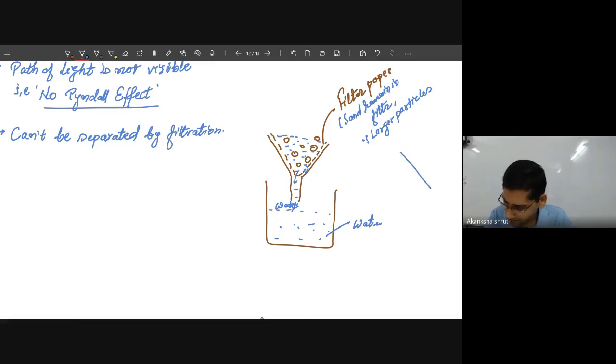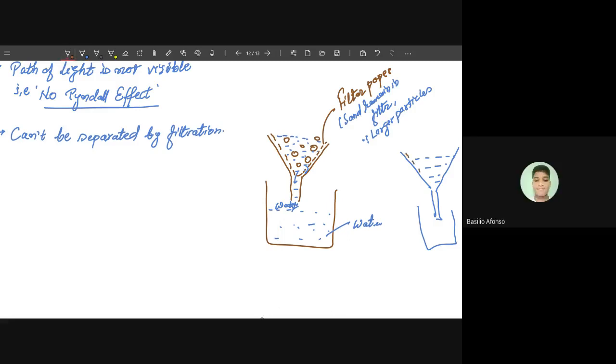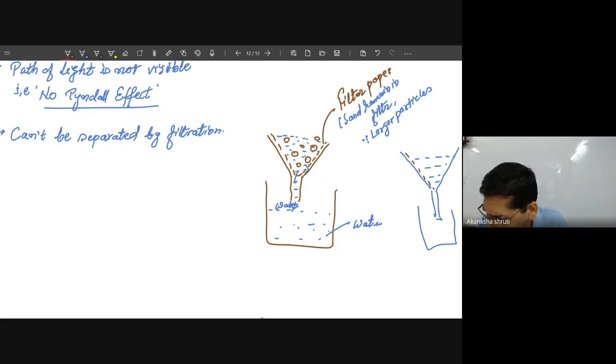Okay. But if I am taking, say, sugar and water, then we will observe that sugar will be dissolved in water, so it will come easily. The sugar particle size is also smaller than the pore size of this filter.